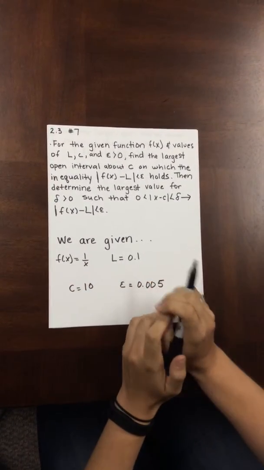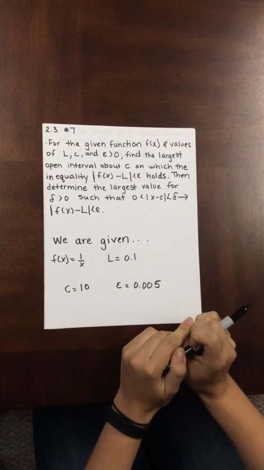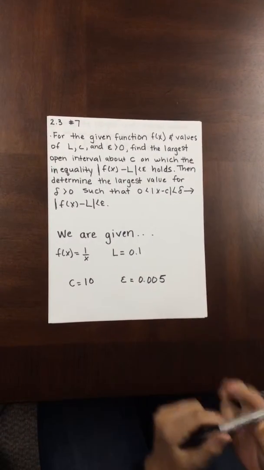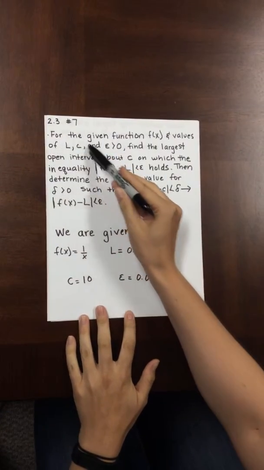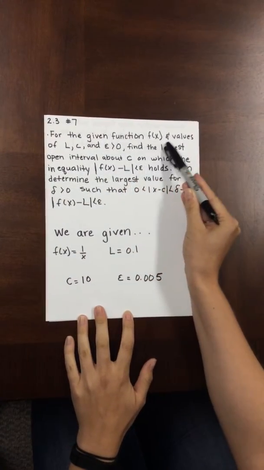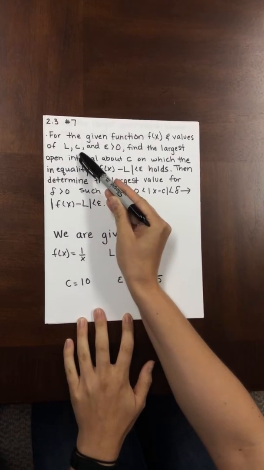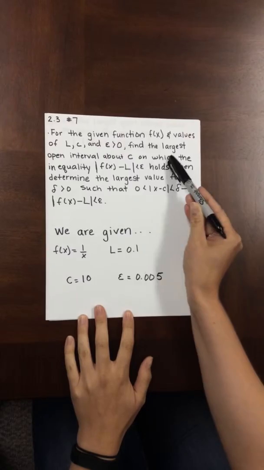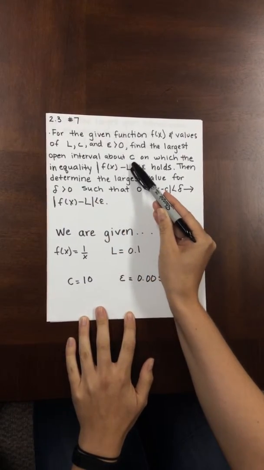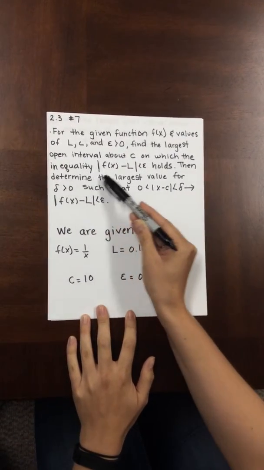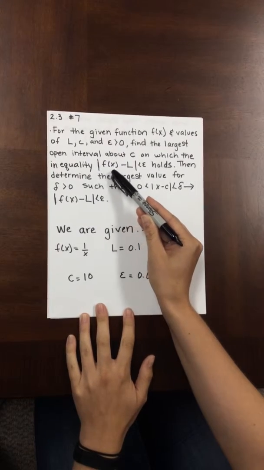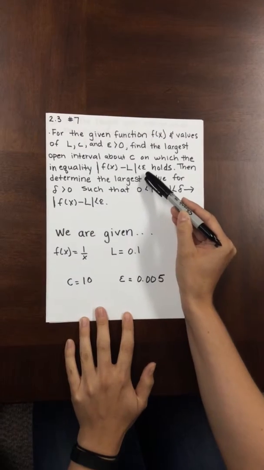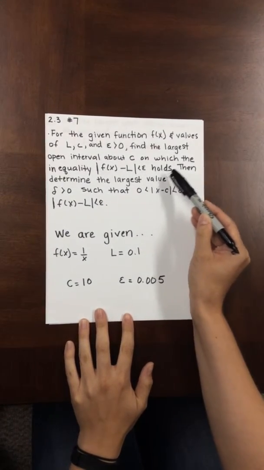Okay, so the problem that I will be doing today is from homework section 2.3, problem number 7, where we are trying to figure out, for the given function f of x and values of L, the limit, C, and epsilon greater than 0, the largest open interval about C on which the inequality absolute value f of x, so the function, minus L, the limit, less than epsilon holds.